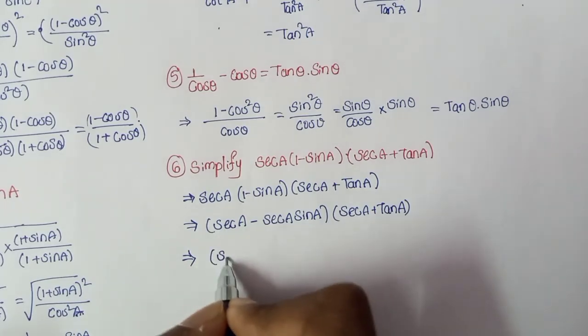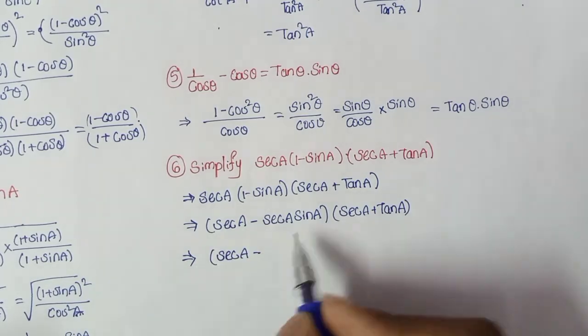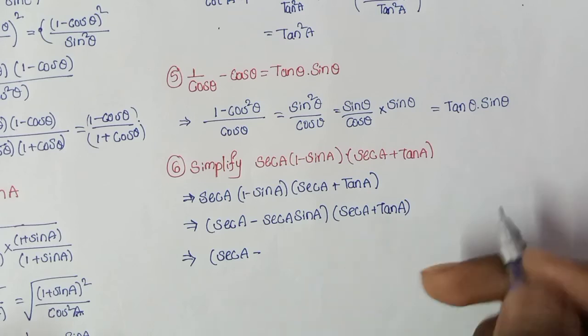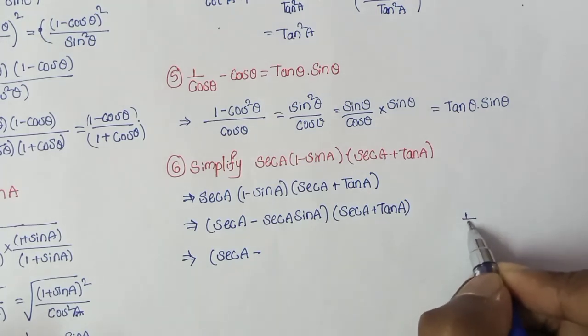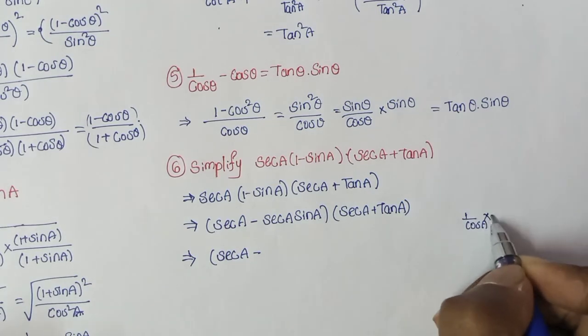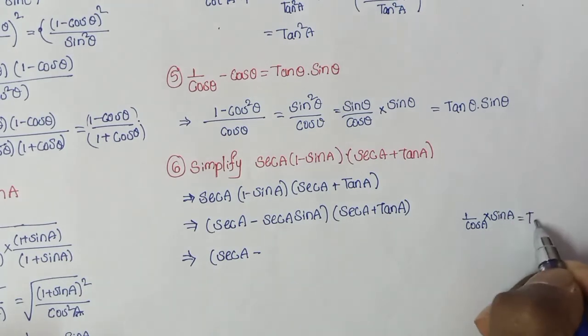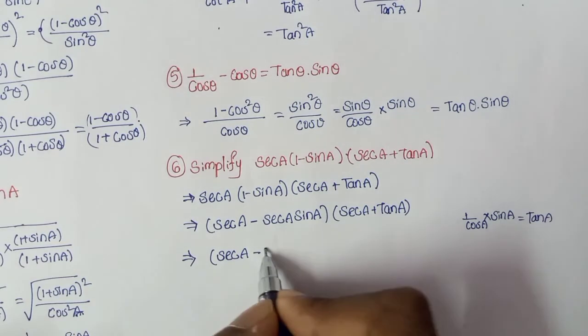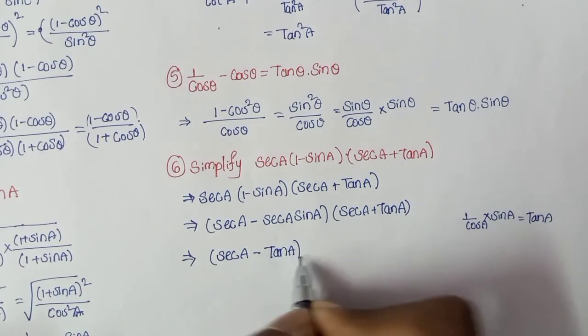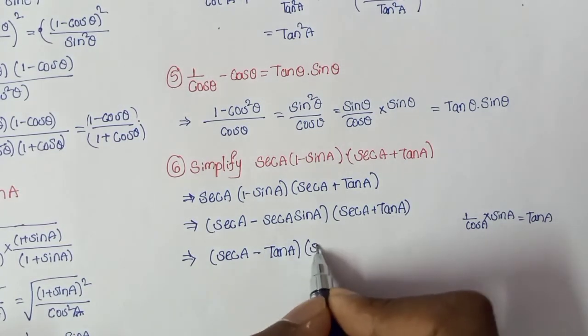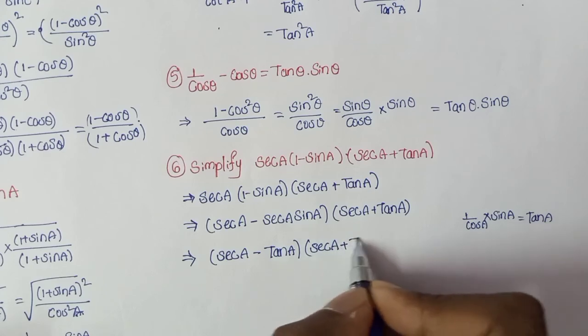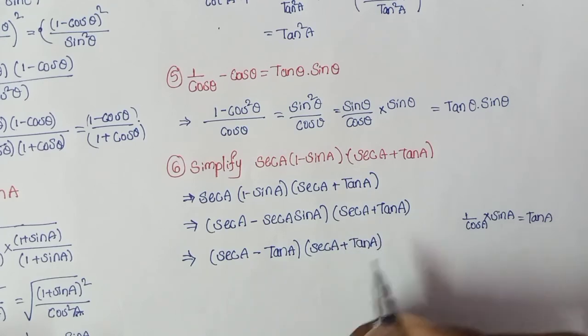Here, sec a minus sec a into sin a. What will you get? Sec means 1 by cos. 1 by cos a into sin a. What will you get? Sin a divided by cos a, that is tan a. So here you can write (sec a minus tan a) into (sec a plus tan a).